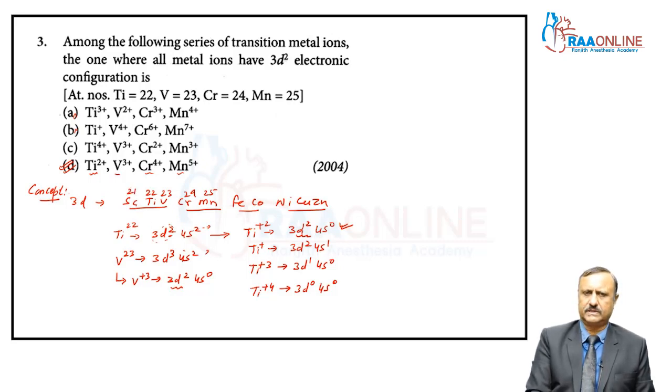You can also learn by this trick: Sakateva, Karamana, Phiko, Nikozal. This is the trick to learn all these elements. These are the 10 elements, and you can get the atomic number as well as electronic configuration. Now my dear students, we can go to question number 4.